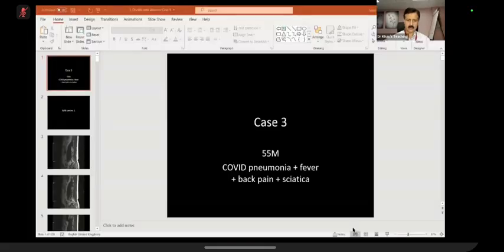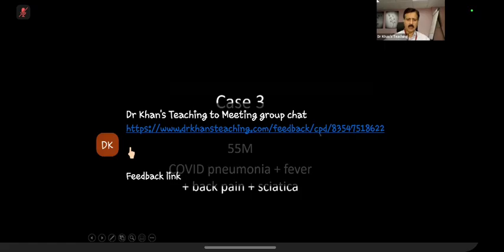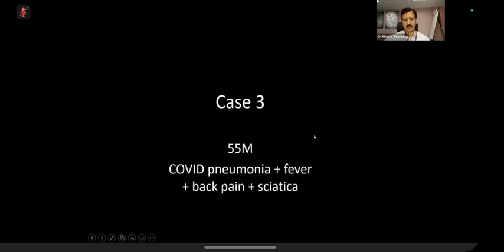Just 1 second, please. COVID pneumonia with fever, back pain, and sciatica, they were worried about spondylodiscitis in this case.